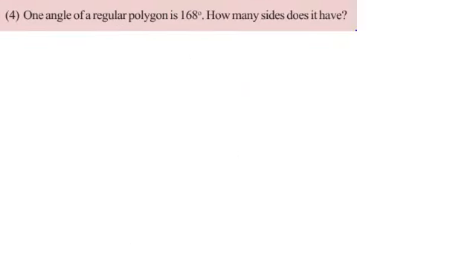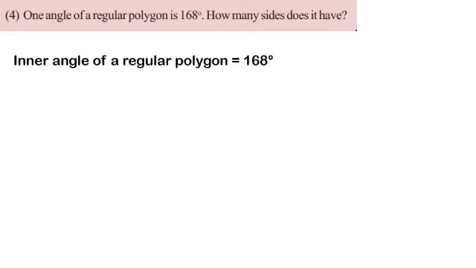Question number 4. One angle of a regular polygon is 168 degree. How many sides does it have? One angle of a regular polygon means one inner angle. That is given in the question. So let us write inner angle of a regular polygon equal to 168 degree. We have to find the number of sides. For that, first let us see the outer angle.